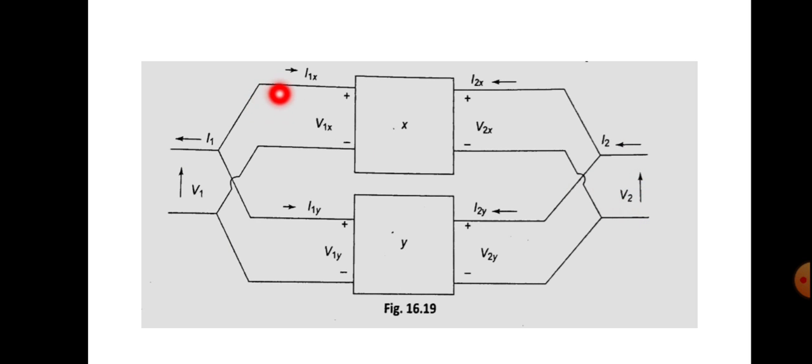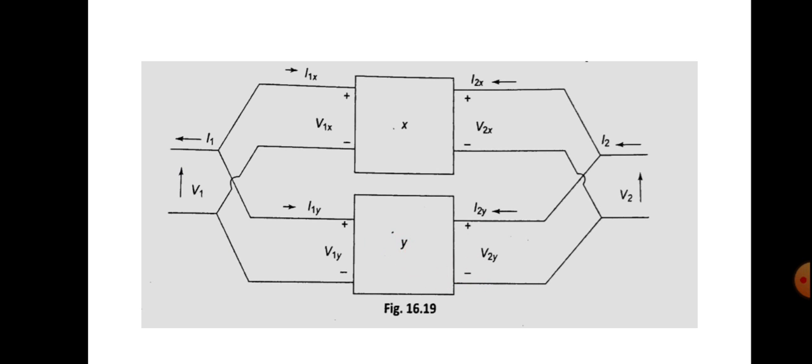I1x and I1y are shown here. Similarly, I2x and I2y are shown here. V1x is the port voltage at the input port and V2x is the port voltage at the output port of the X network. V1y is the port voltage at the input port of the Y network, and V2y is the output port voltage of the Y network.